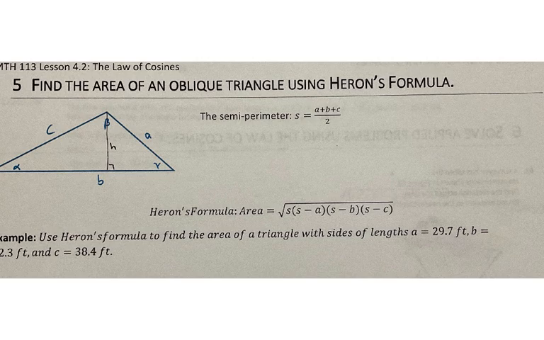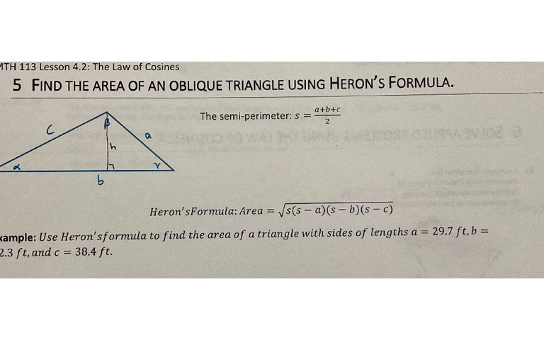Half the perimeter. How do you find the perimeter of a triangle? You add the 3 sides. If you want the semi-perimeter, it's half of that, so divide by 2. Anytime you're going to use Heron's formula, you have to know the semi-perimeter, and you have to know all 3 sides.